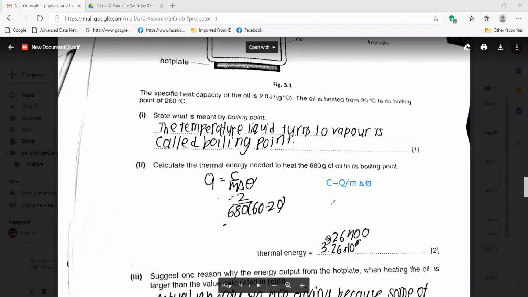Then Q will be MC del theta. Write it correctly. Q equals MC del theta.